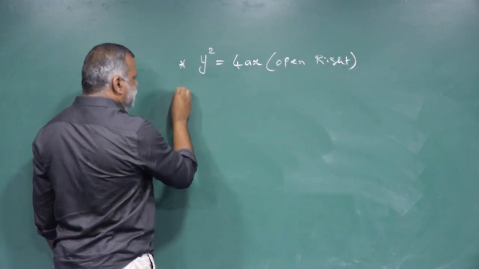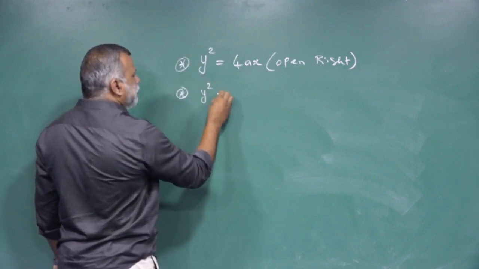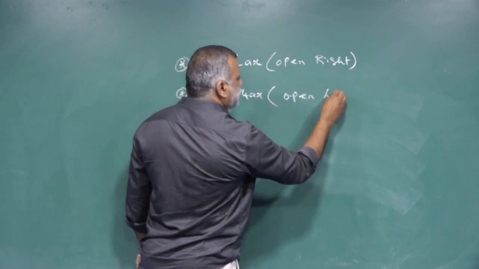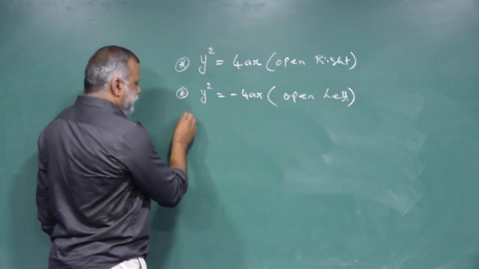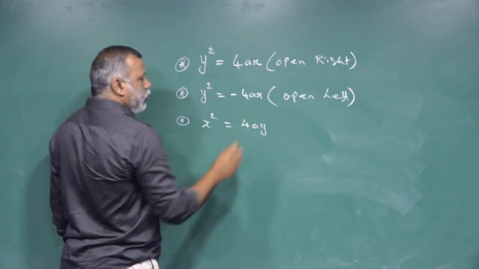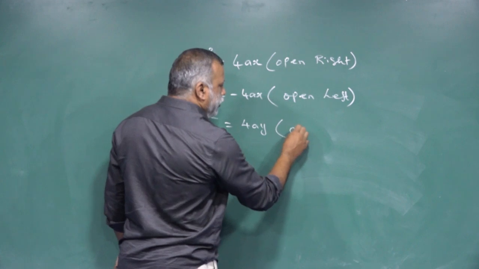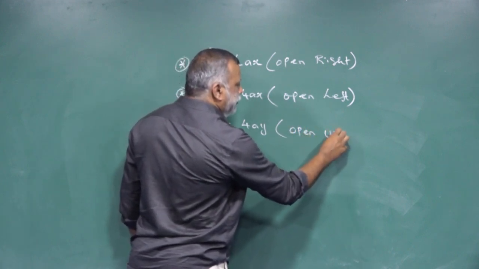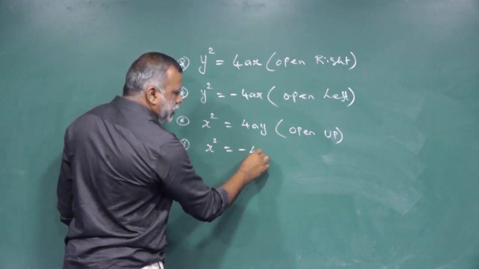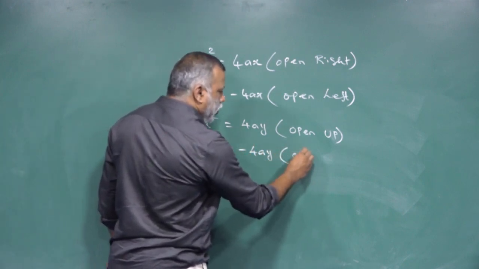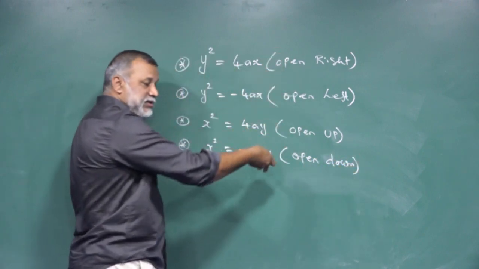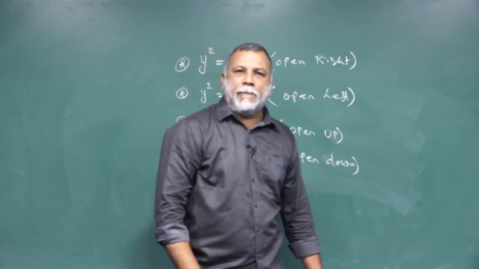The number 2 is y squared equal to minus 4ax, which is open left. Number 3 is x squared equal to 4ay, open up. The last one, x squared equal to minus 4ay, is open down. So far we discussed all the types of the parabolas.